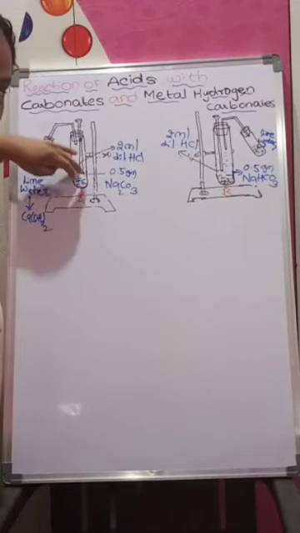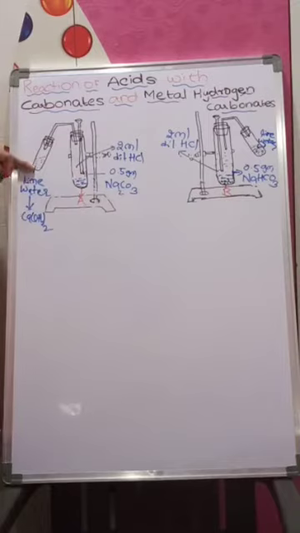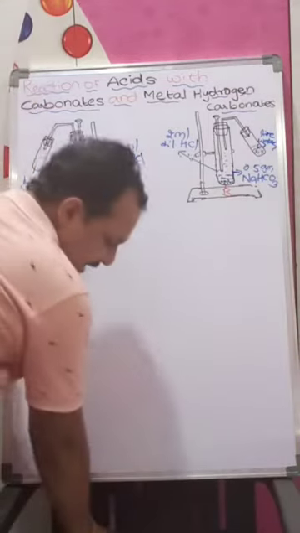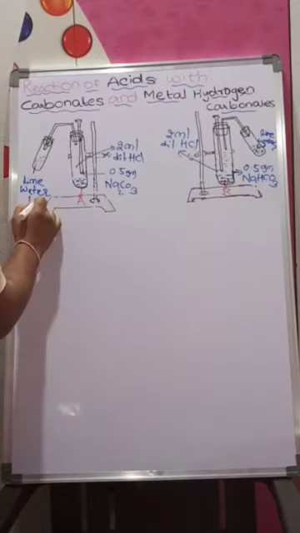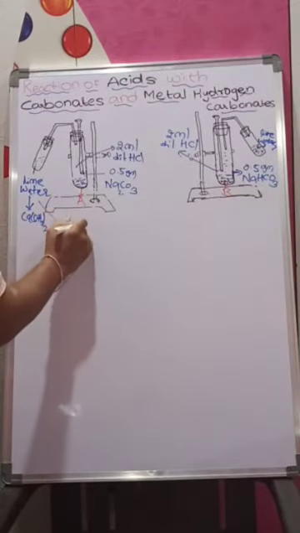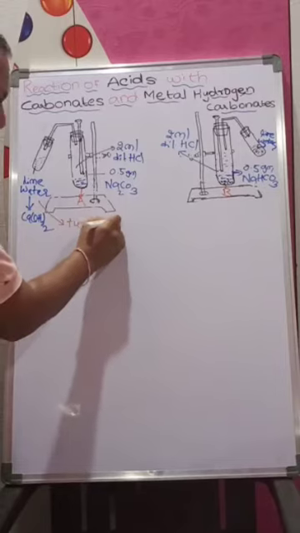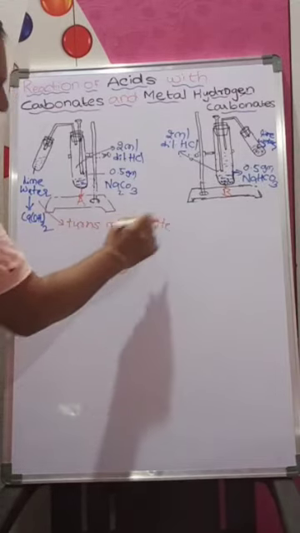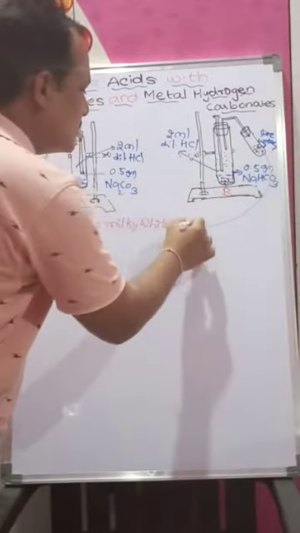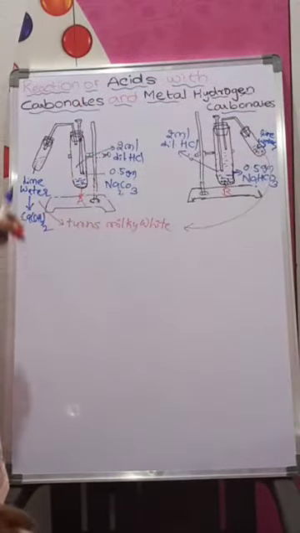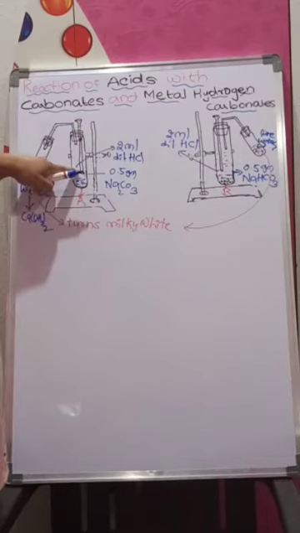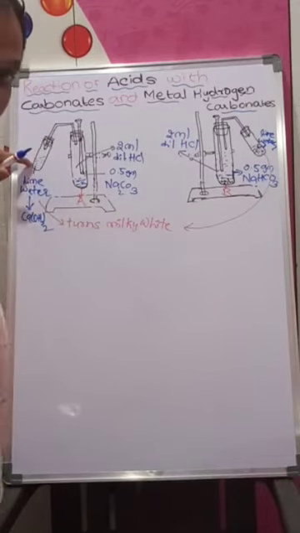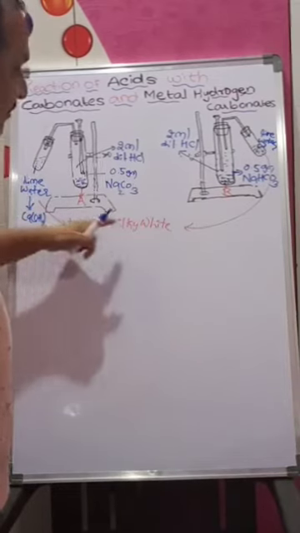After the evolved gas passes through the lime water, it turns milky white. When the evolved gas passes through the delivery tube into the freshly prepared lime water, it turns milky white.